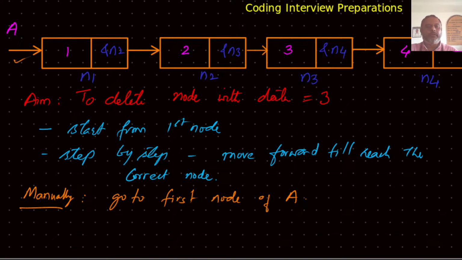So we are here, which means we go to N1. Check whether data of N1 is equal to 3.